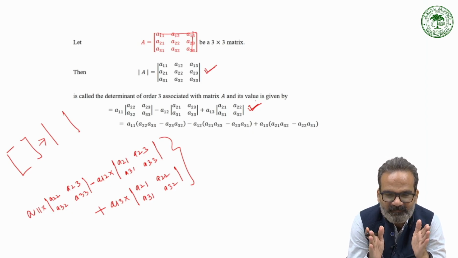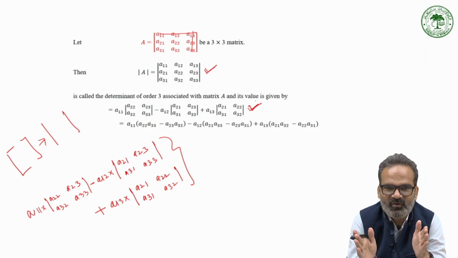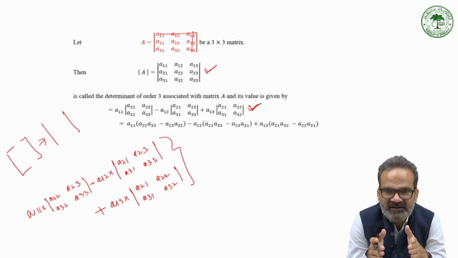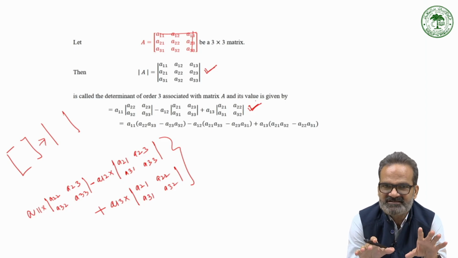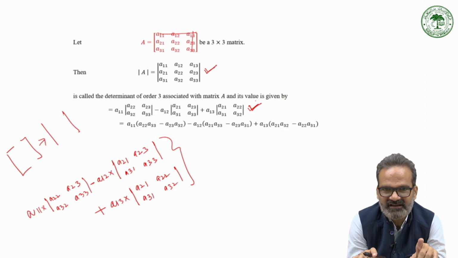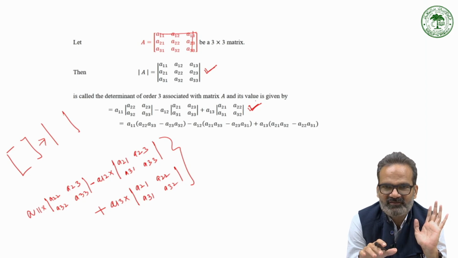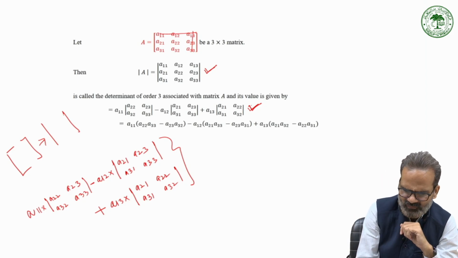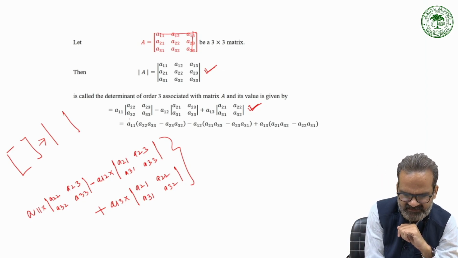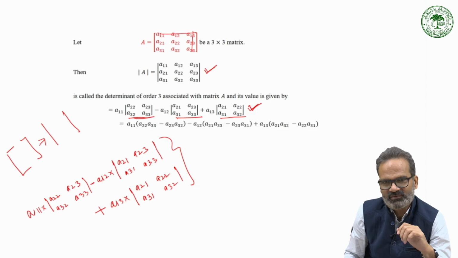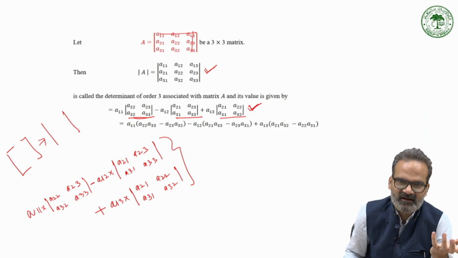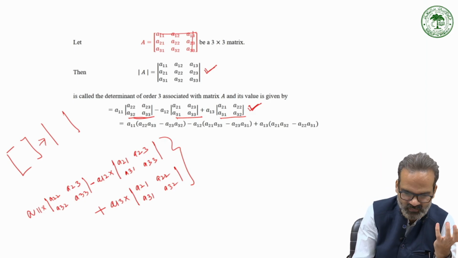So this is the process which we can use along any one of the three rows or any one of the three columns. So the total ways are 6 to expand this determinant, and in all 6 ways the value of the determinant will be the same. Now if you obtain this equation, this is a determinant of order 2, this is also a determinant of order 2, and this is also a determinant of order 2, and you know how we can find the value of a determinant of order 2.